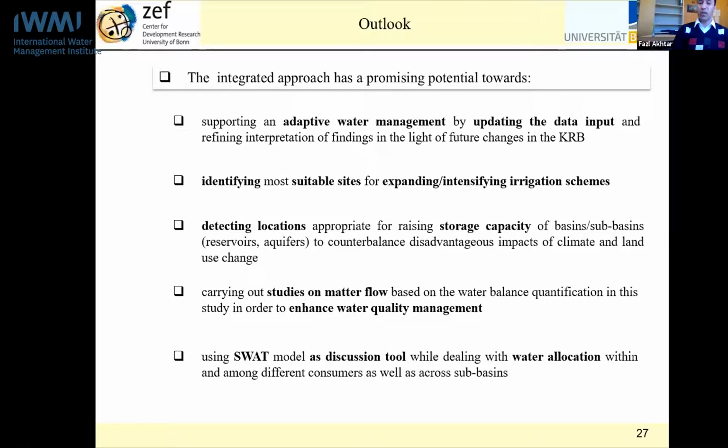Moreover, we can use the SWOT as a discussion tool to think about the water allocation among different consumers.